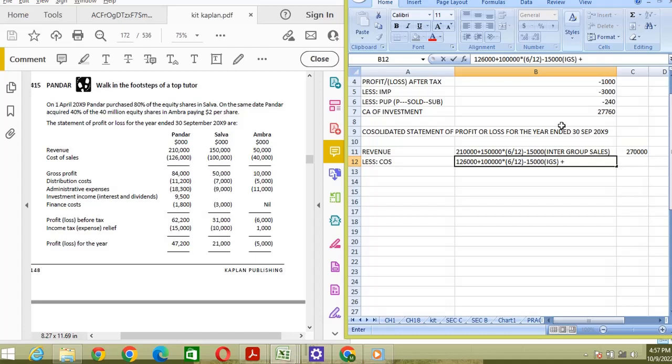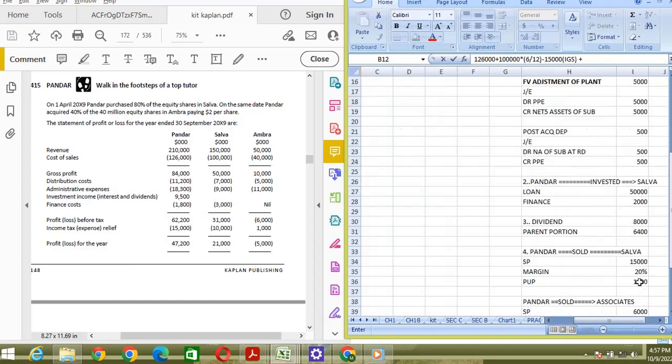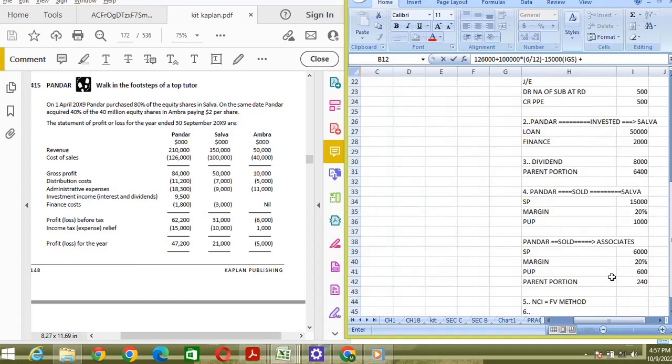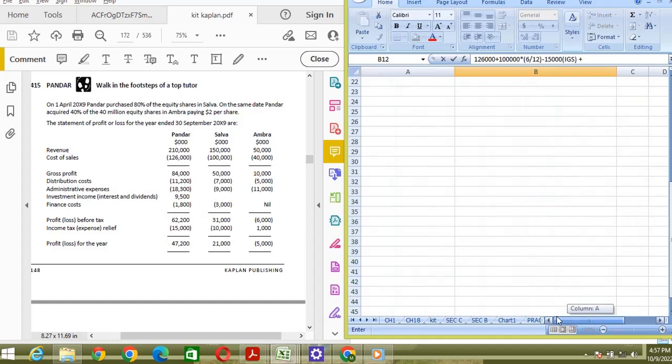Here we will add the POP amount which we have calculated, 1,000, right?